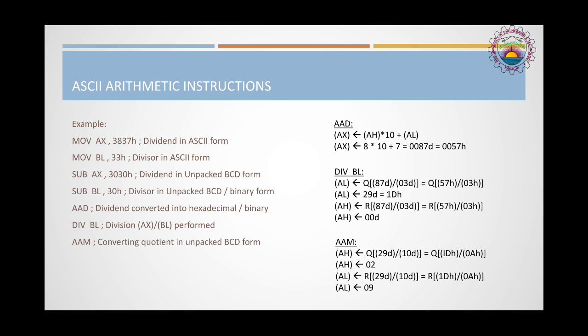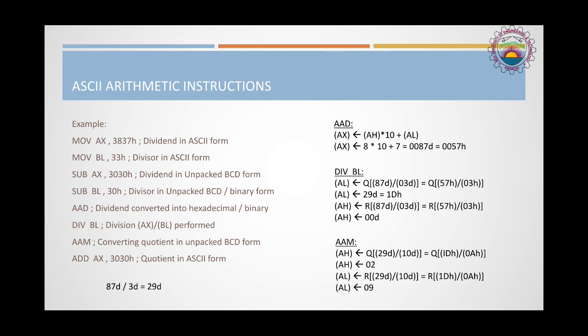Now your result is in unpacked BCD form. AX is having 0209 in it. So we have added 3030 hex with AX value. So you will be having 32 and 39 within AX after execution of the add instruction, ADD AX, 3030 hex. After execution of this instruction, AX will be having 3239 hex.